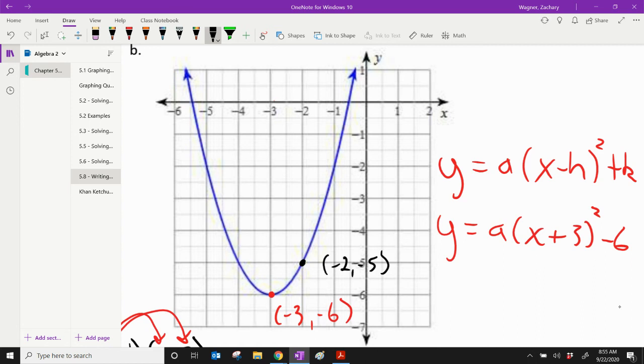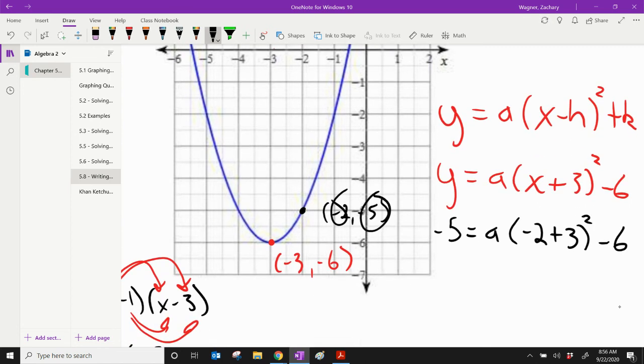Plug it in for x and y. -5 goes in for y. -5 equals a times (-2 plus 3) quantity squared minus 6. Simplify and solve. -2 plus 3 is 1. 1 squared is 1. And 1 times a is just a.